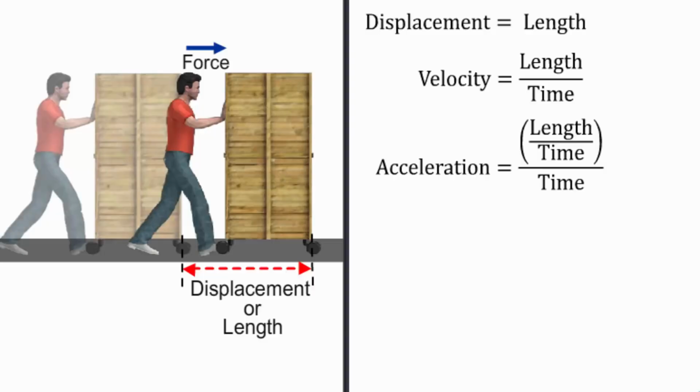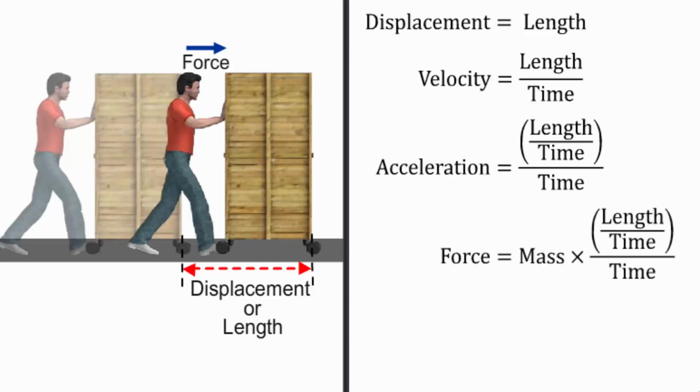Thus, the expression for the quantity force can be simplified as shown. From the expression, it is clear that the exponents of mass, length, and time in the expression for force are 1, 1, and -2 respectively.